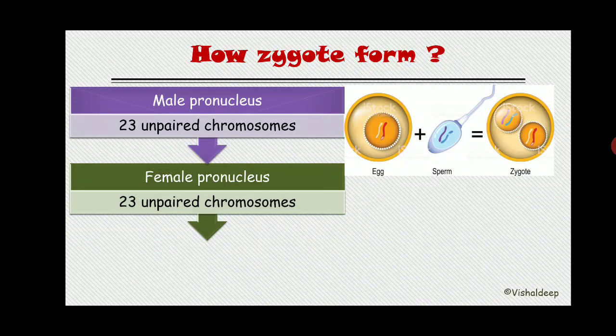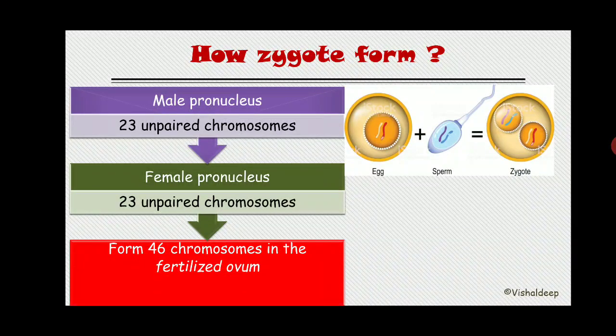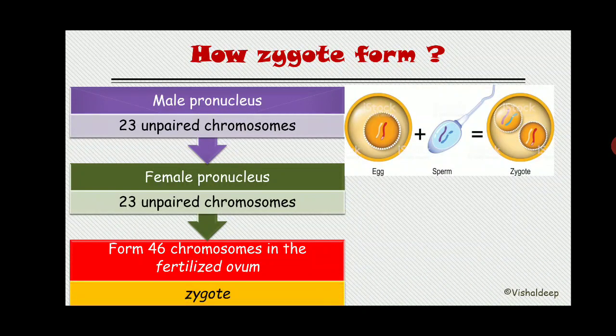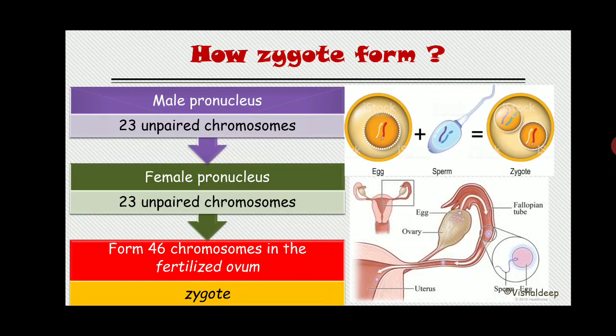So when they fuse, that actually forms a 46-chromosome paired structure, the fertilized ovum. That fertilized ovum, having 46 chromosomes, is known as the zygote. It is simple. And this fertilization actually takes place in the ampulla of the fallopian tube, the dilated portion of the fallopian tube. Got it? Now the fertilization is taking place.